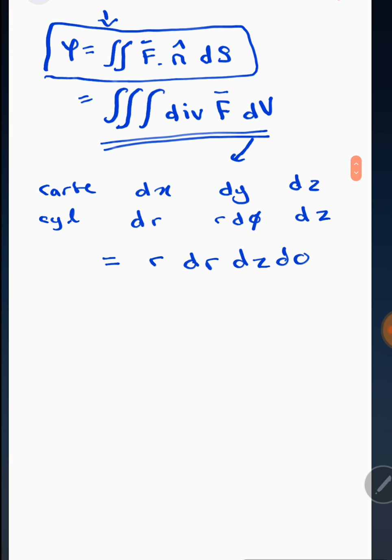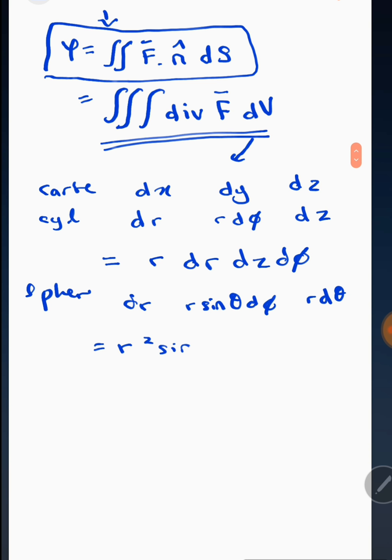And what if I have a spherical shape? For a spherical shape, I have dr, I have r sine theta dphi, and I have r dtheta. Therefore I'll have r squared sine theta dr dphi dtheta.